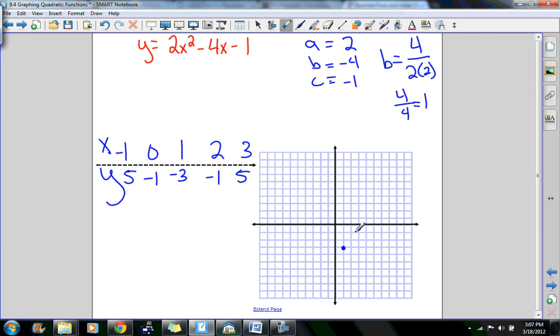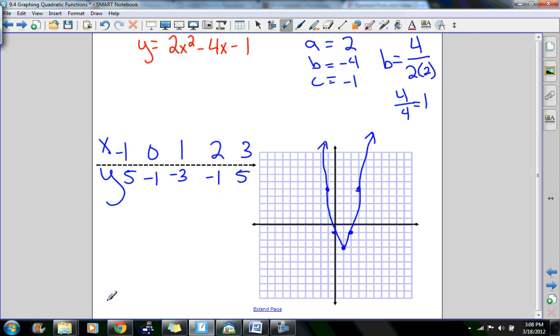So our graph is here, here, here. Okay, so that looks right. Not a perfect graph, hard to draw on the computer.